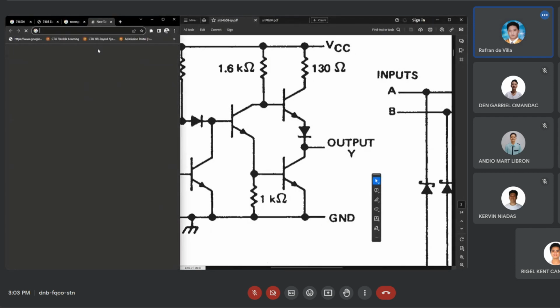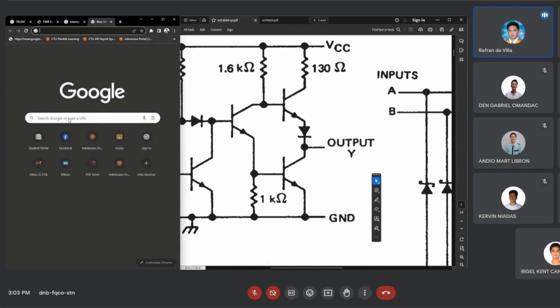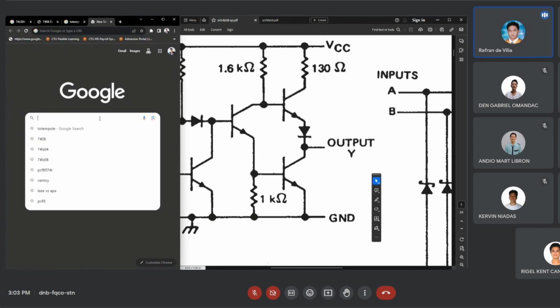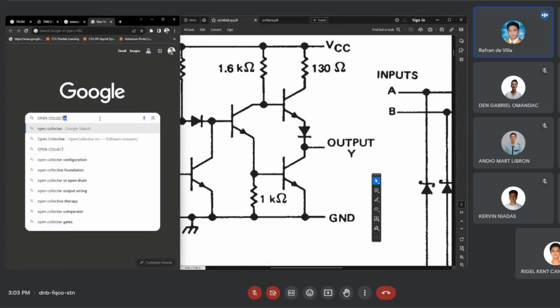Okay? So take note, there are actually ICs that, when they generate a high logic, cannot generate a high voltage, like the voltage output high we saw earlier. Those are what we call open collector.